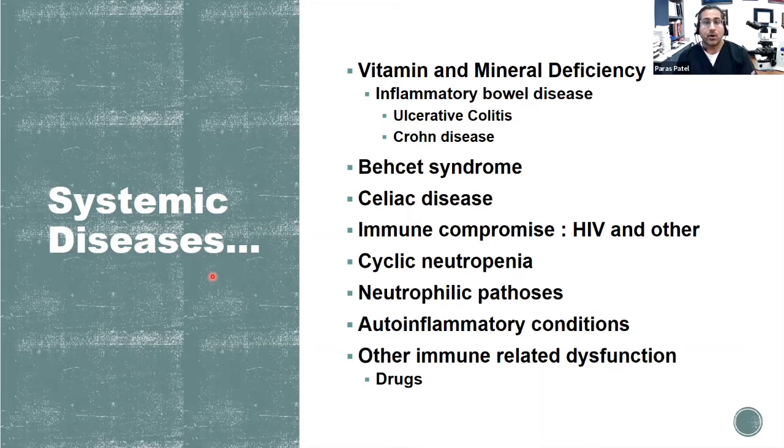And it could be something primarily happening, or it could be secondary to some of the hematologic abnormalities that arise in those patients. Cyclic neutropenia is another one. There's a handful of other autoinflammatory conditions that are rare. And then the last thing that's important, and it's not really a systemic disease or condition, but medications. And this is huge because there are a lot of medications that can have these idiosyncratic reactions that result in ulcerations forming and affecting the oral mucosa, amongst other sites.